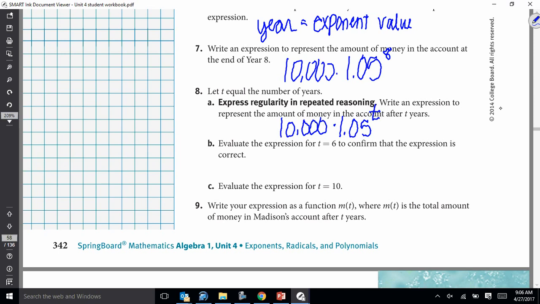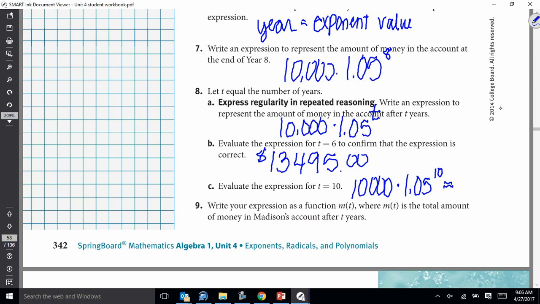So Tom knows. 13,400. All right. So now evaluate the expression for 10 years. So just triple check it. This time we're going to triple check it for Michaela. So if we do 10,000 times 1.05 to the 10th power, what do we get? So after 10 years.